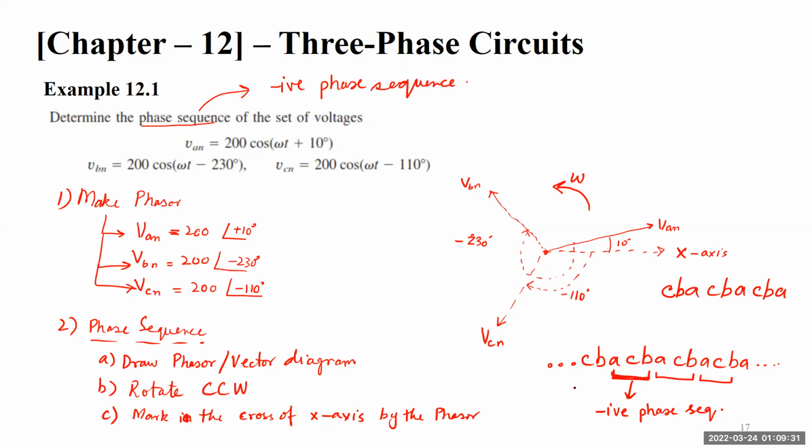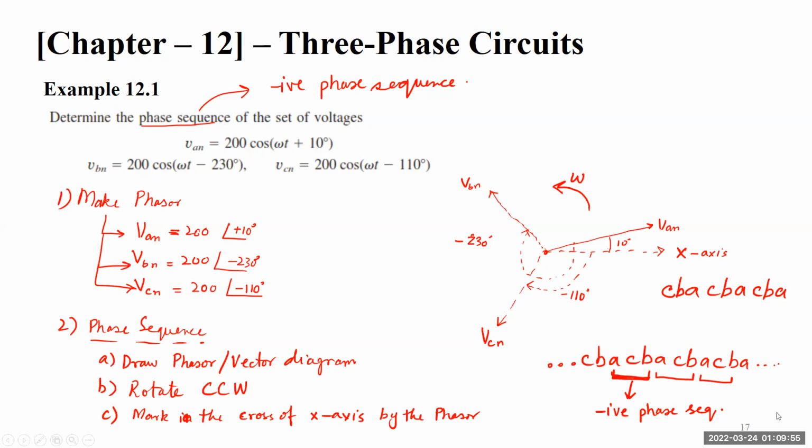Okay, so whenever you are given any vectors, just follow this mechanism. Draw the phasor diagrams, start rotating the vector counterclockwise, and see which vector is crossing the x-axis first, and then write down this pattern, and then you'll have your phase sequence pretty easily.